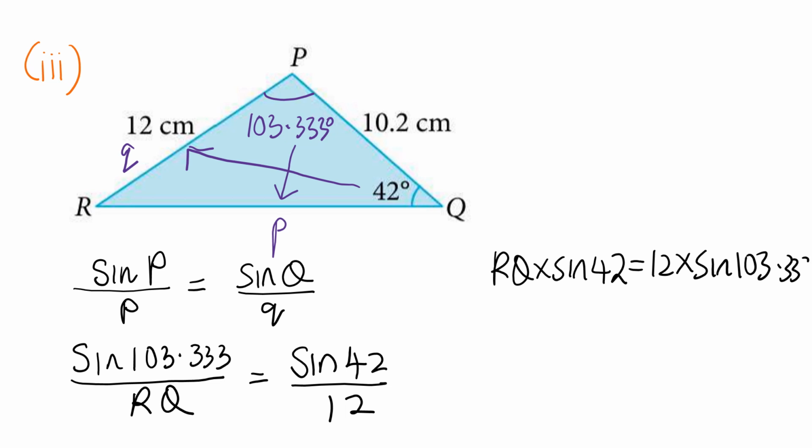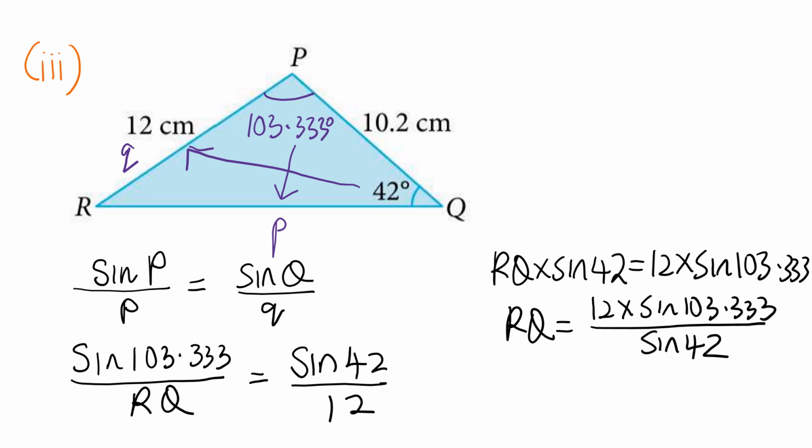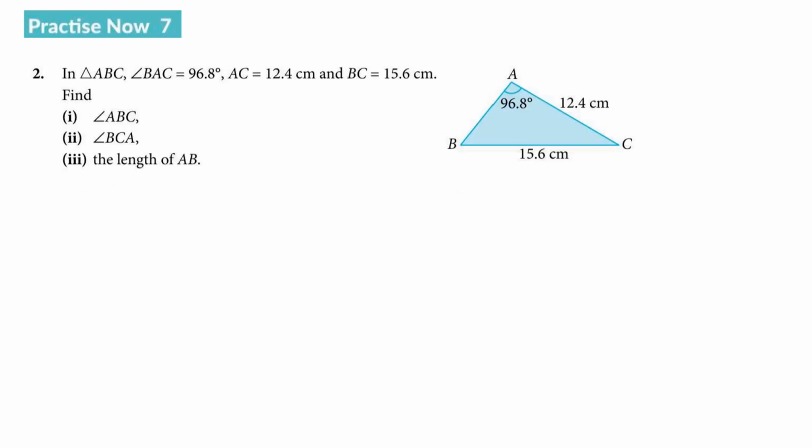Then from there, you can do a cross multiply again. Divide by sine 42 on both sides, and you can find RQ to be 17.5 cm.